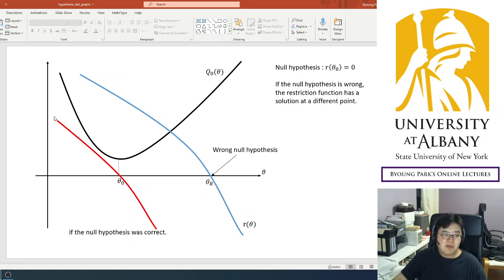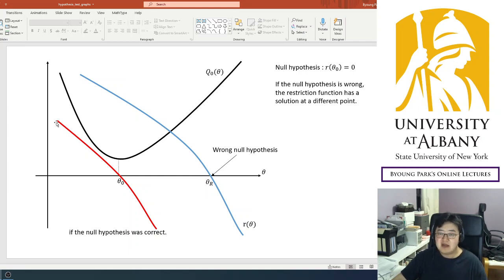But suppose that the red is another hypothesis, another restriction. This is another function, and this function equals 0 exactly at the true parameter. So this restriction is a true restriction. The restriction holds at the true parameter value.